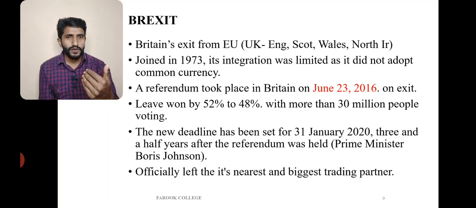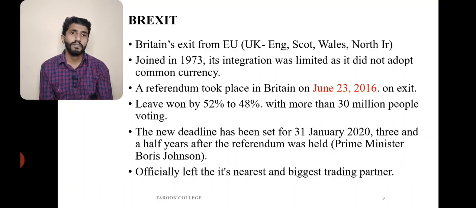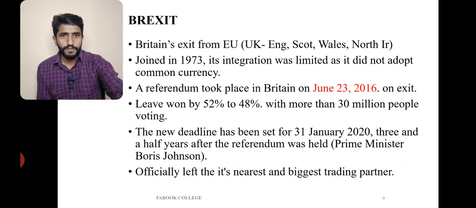Then UK decided to leave the European Union, and Boris Johnson was the Prime Minister at that period. So officially, UK left the European Union, which is the nearest and biggest trading partner of UK.